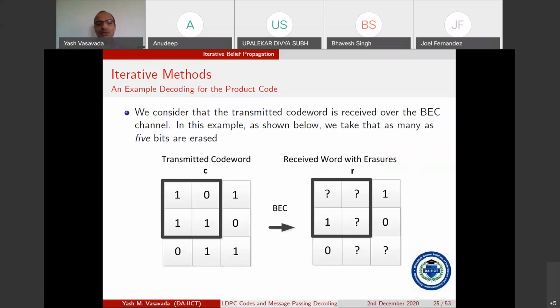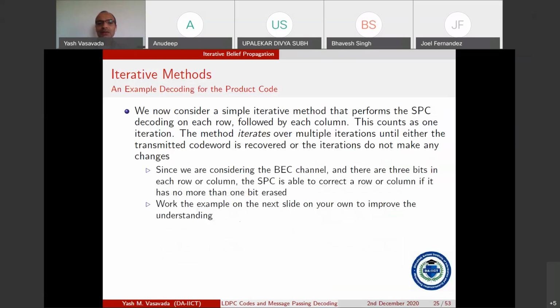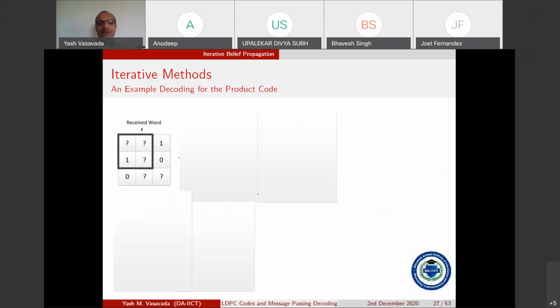All we are going to do is apply the hard decision SPC decoding, sequentially, row by row and then column by column. So we'll start with this received code and go row by row first.